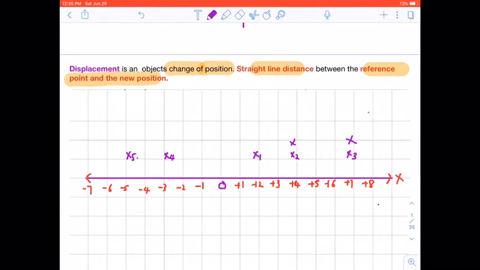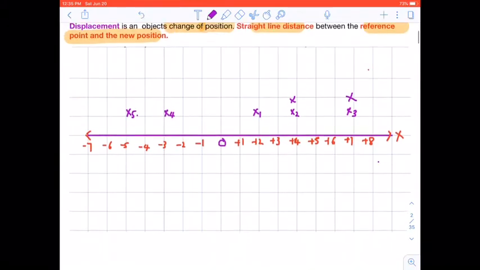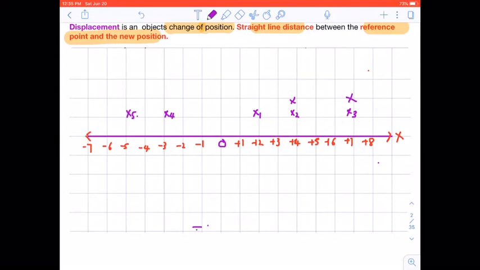Now, if it goes from x2 to x3, we find that the displacement would be, so it moves from x2 to x3.